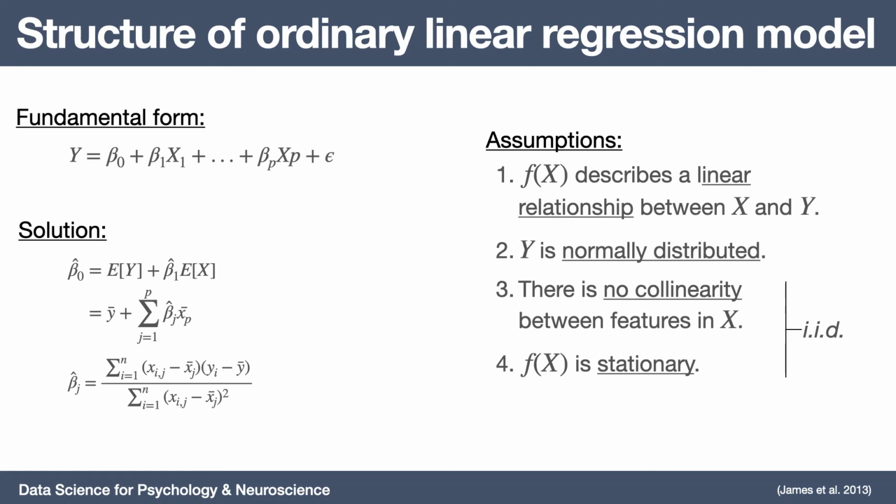Now recall that the fundamental form of a linear regression model is just a linear summation of x times your regression coefficients plus some noise. This leads to a closed form solution for all your regression coefficients. That's just plug and play equations, as long as they follow these four assumptions.